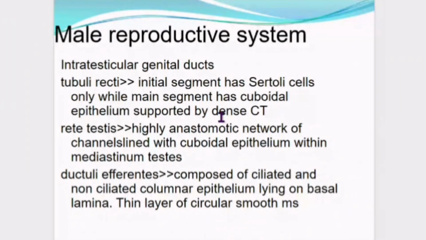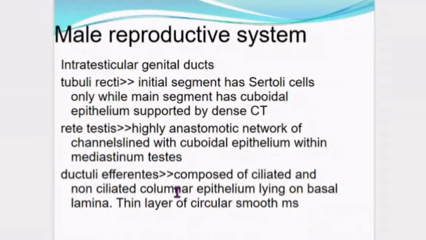So this is what I said we need to focus on: the support and the epithelium, right? Then when we move to the rete testis, the epithelium continues as simple cuboidal, and the support system is still connective tissue.